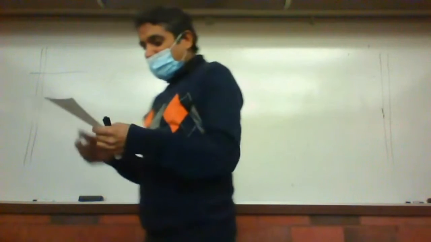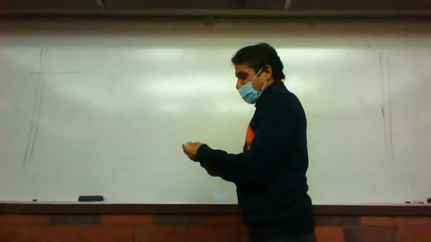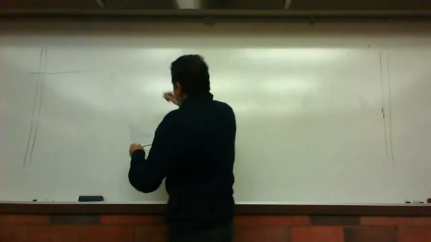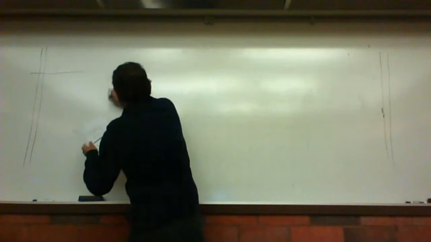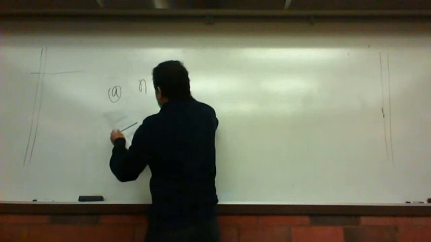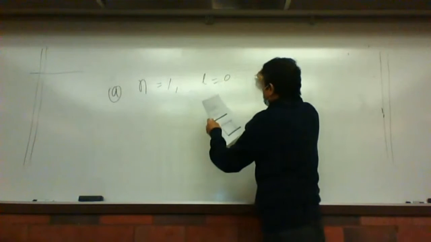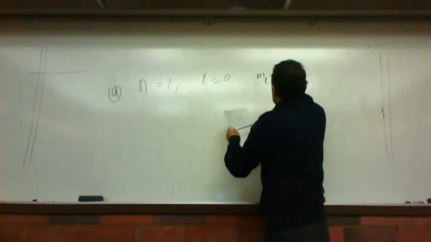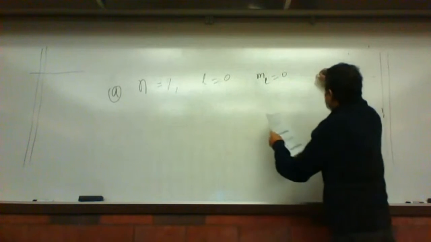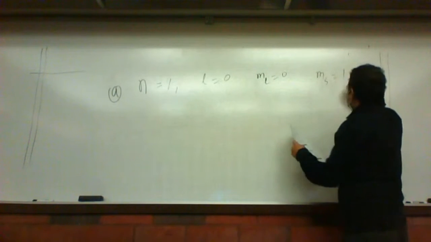So I'm on slide number 9. So let's look at number A. So question number 1, option A. So A is like this: n equals 1, L equals 0, ML equals 0, and then we have MS equals 1.